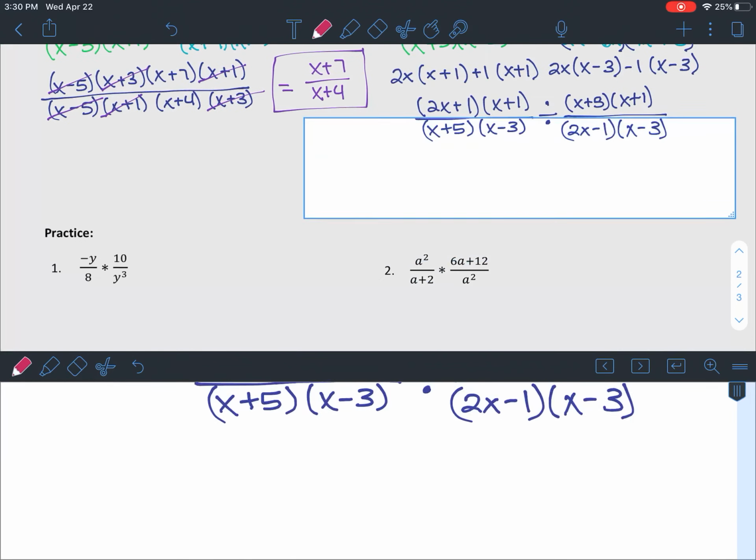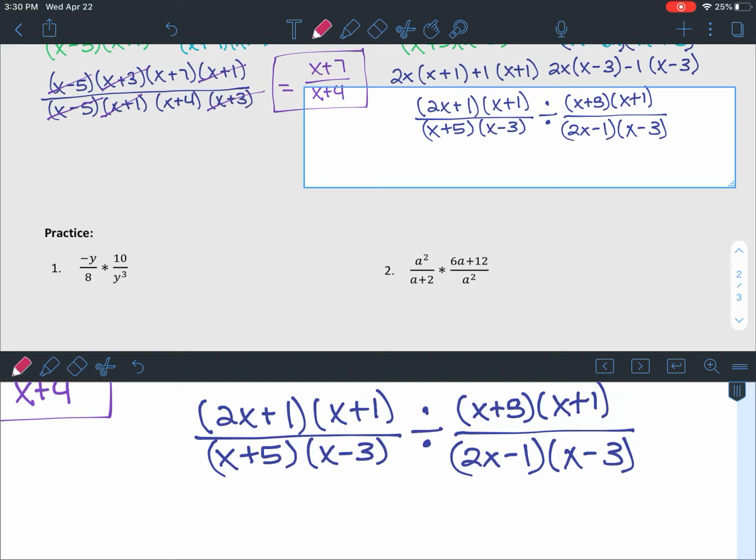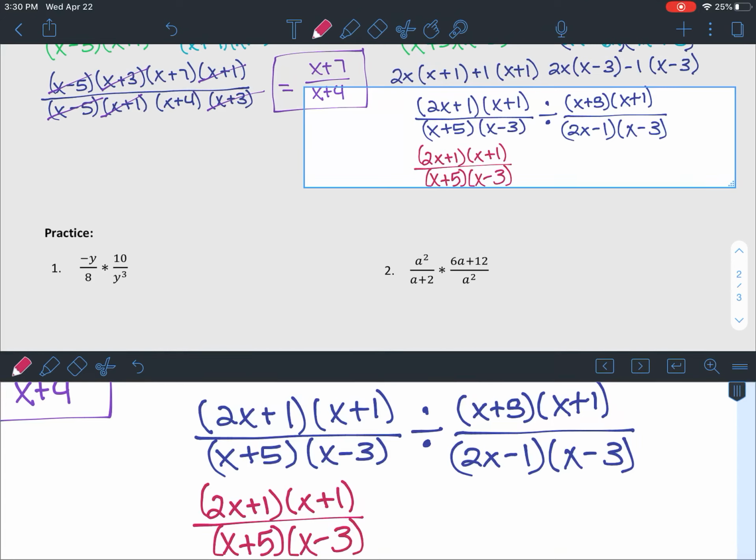From here, I need to keep change flip, so I'm going to keep my first fraction, flip this, change this to multiplication and flip my last fraction.